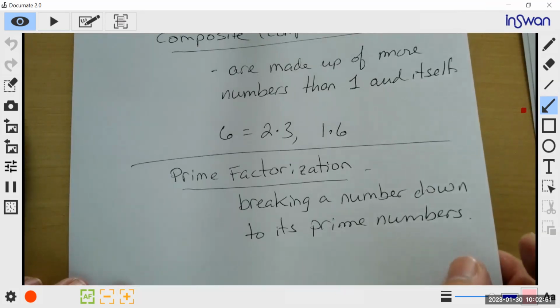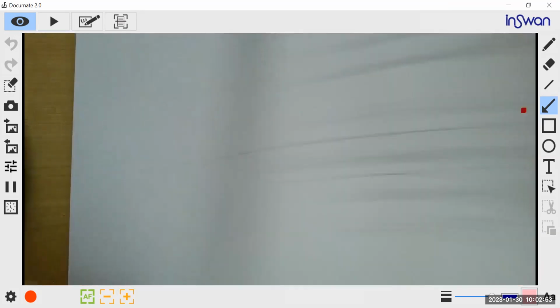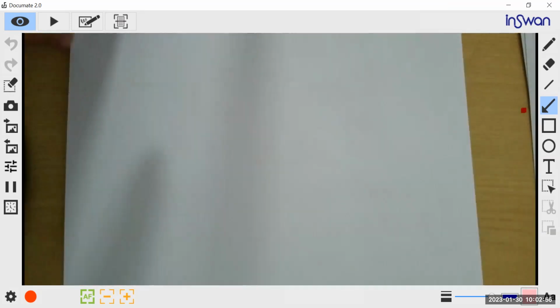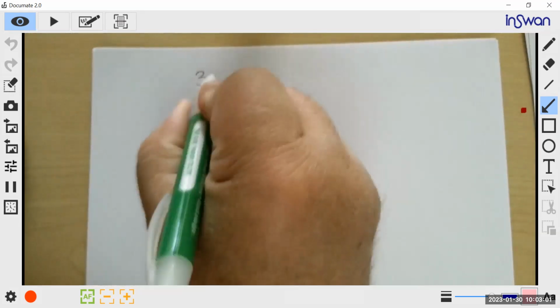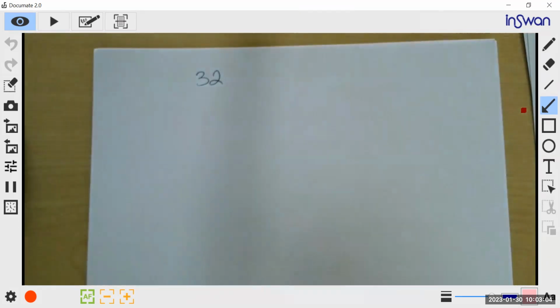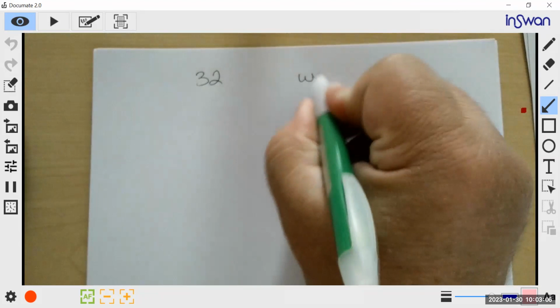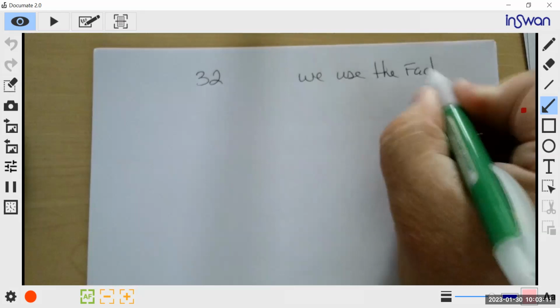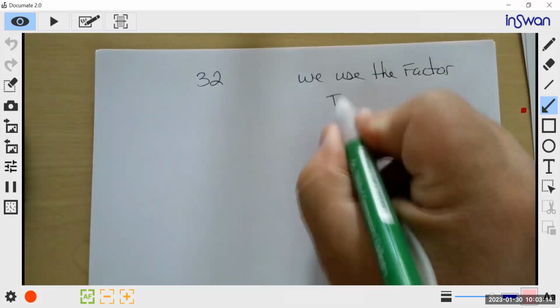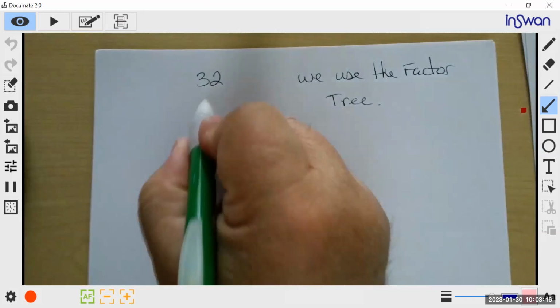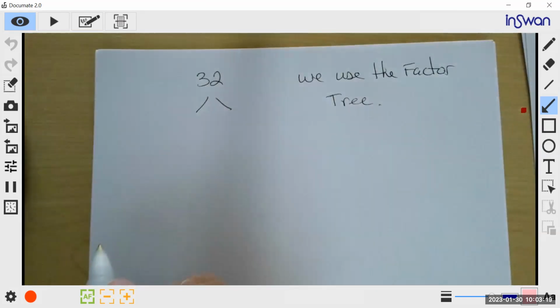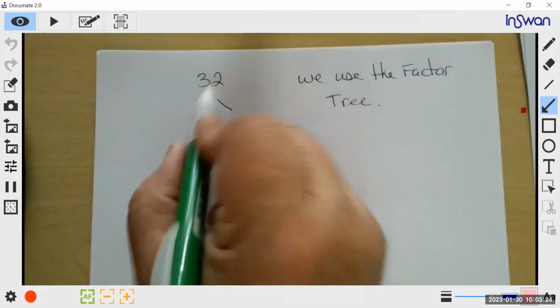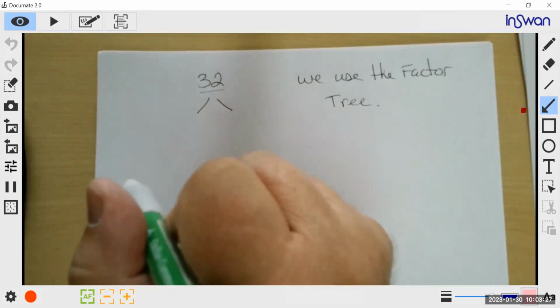All right, so prime factor, that's what we're going to do now. We're going to look at that. So number 32. We use the factor tree. So what's the smallest number that fits in that one?